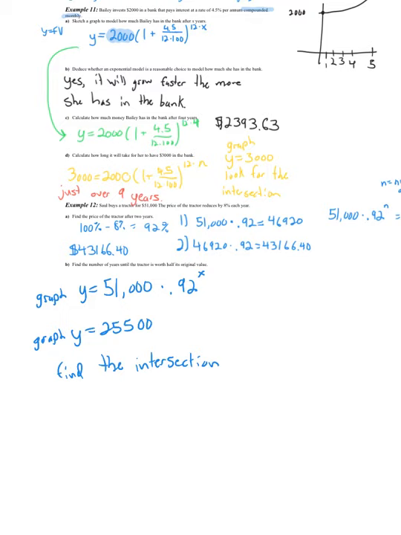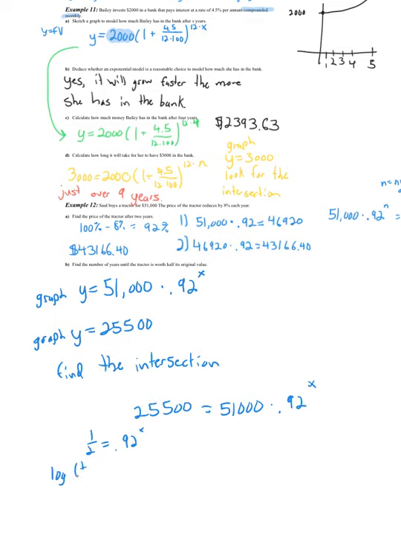All right. If you wanted to solve for it algebraically, you could as well, where you just write the equation 25,500 equals 51,000 times 0.92 to the x. And then you would have to use logarithms to solve that way. In that case, you'd get 1/2 equals 0.92 to the x.